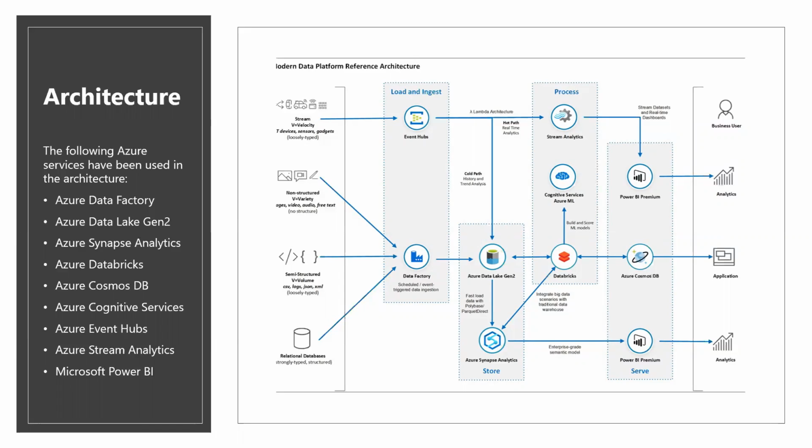If we see it in the architecture, we have data coming from different sources: relational databases, semi-structured, and non-structured. To bring this data from these sources, we can use Data Factory and we can schedule event triggers for data ingestion. So let's talk about how to bring the data from relational databases.